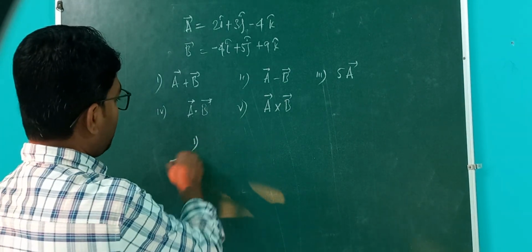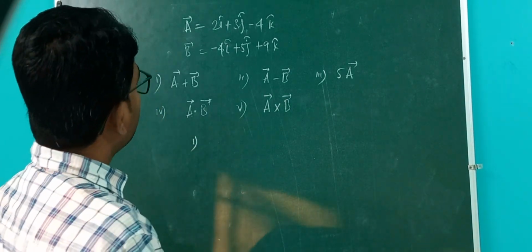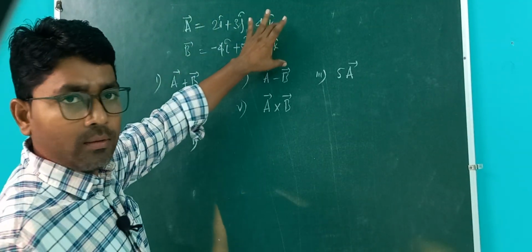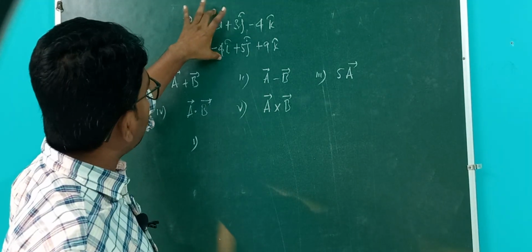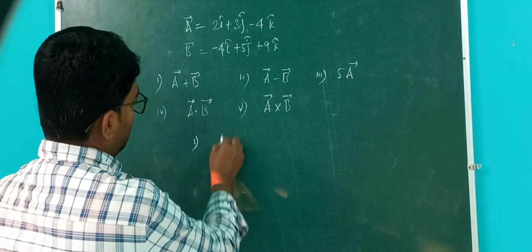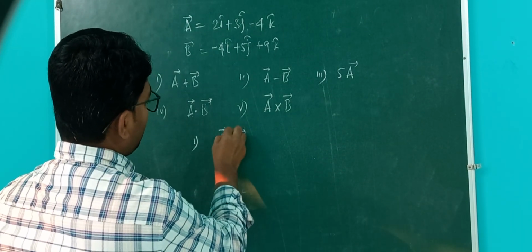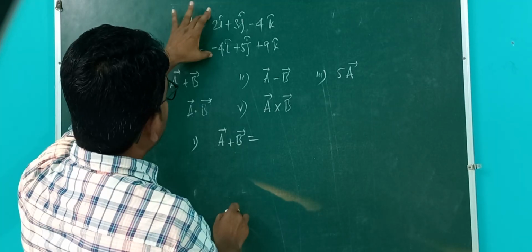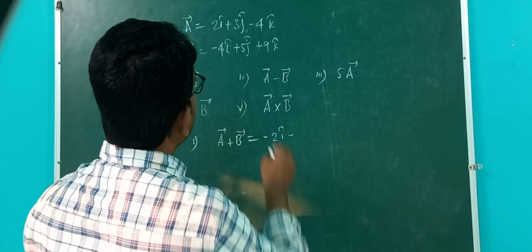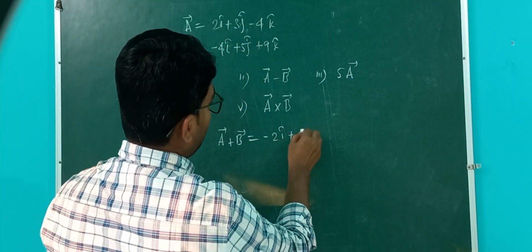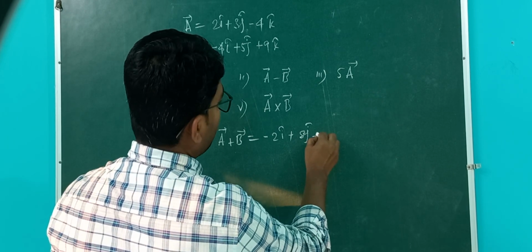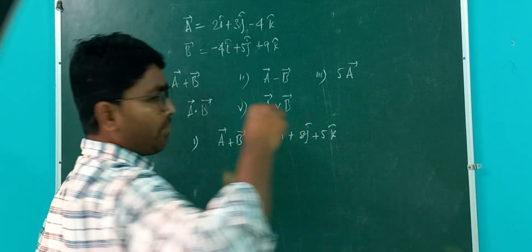Number 1, how to calculate A plus B? Just add the vectors component-wise, the i components, j components and k components. A plus B means component-wise minus 4 plus 2, that is minus 2i, 5 plus 3, that is 8j, and 9 minus 4, that is 5k.